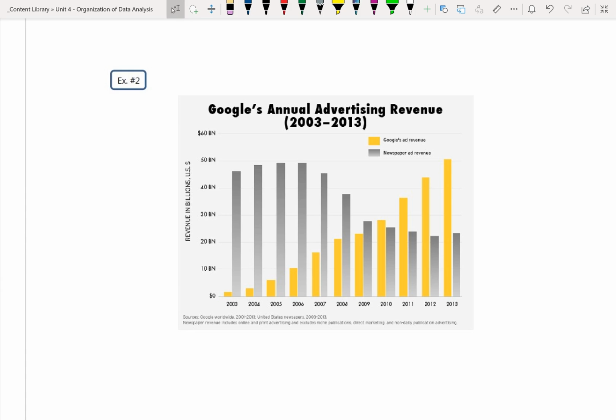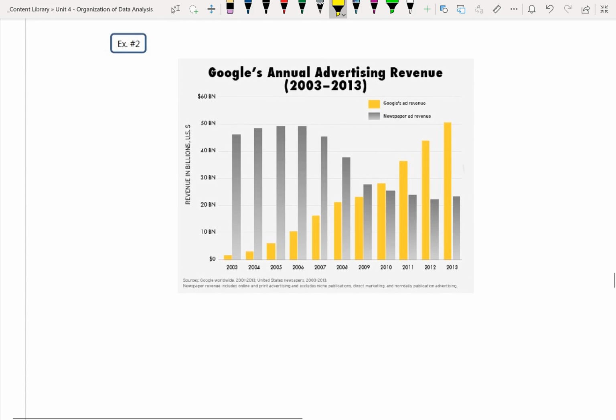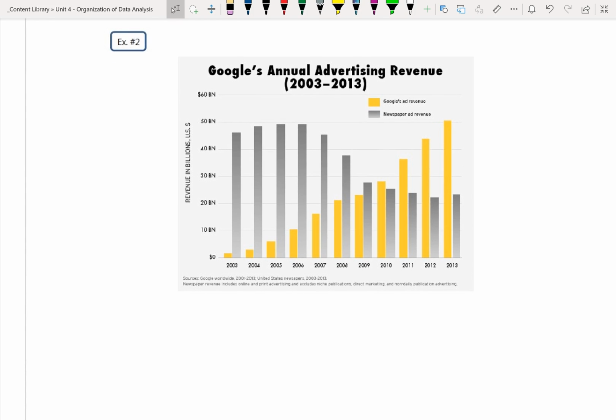If we look at the next graph, where we're looking at Google's annual advertising revenue, we want to see Google's ad revenue over newspaper ad revenue, so how much money they make off of advertisement. Looking at this, we don't quite see a label, but we can infer that this means year. We can look at how the source is looking at Google itself.